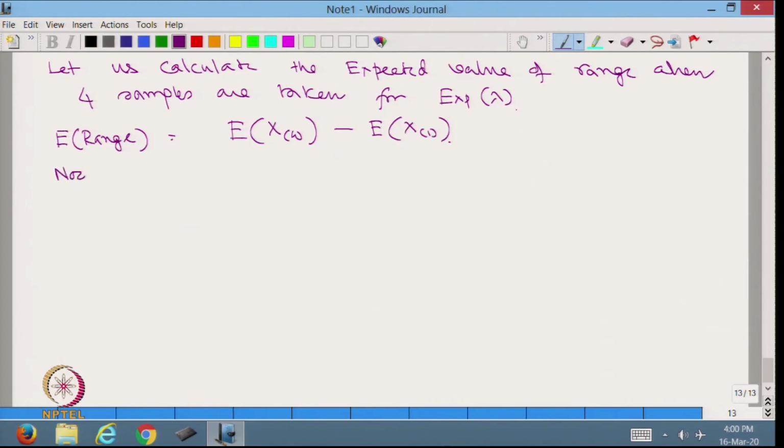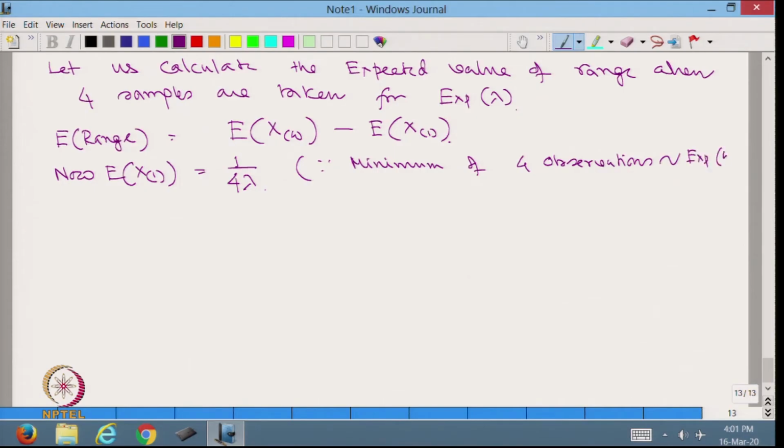Now, expected value of x 1 is equal to 1 upon 4 lambda, since minimum of 4 observations will follow exponential with 4 lambda.